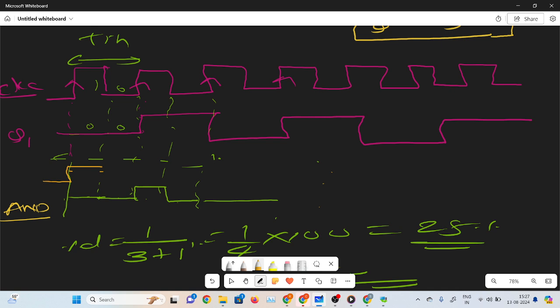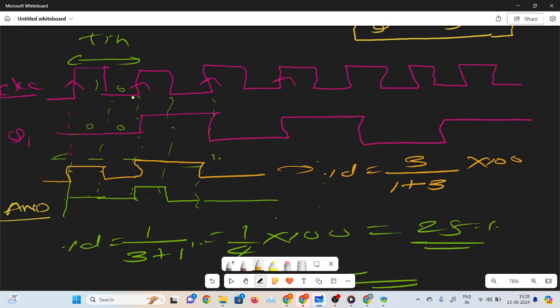So this is one, and only this part is zero, and this is also one, and this is also one. So three times 1 and only one time 0. The duty cycle: three times is on, only one time is off, three by four multiplied by 100%, which is 75% duty cycle. This is very simple. So this is the process.